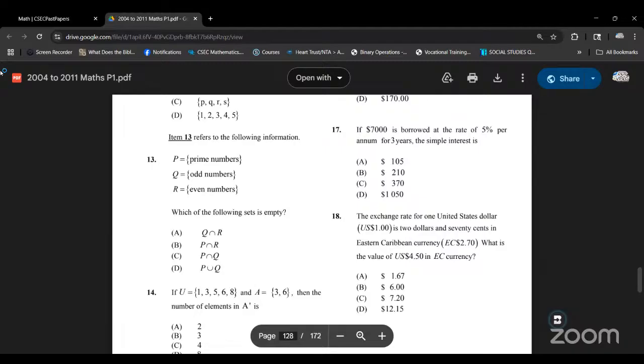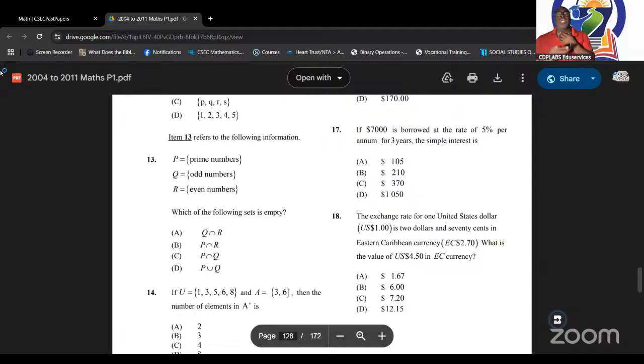Yes sir. Because my prime numbers are 2, 3, 5, 7, 11. Then odd numbers are 1, 3, 5, 7, 9, 11. So I know P and Q have something in common. Good. We write down the even numbers: 2, 4, 6, 8, 10. So I realize Q and R don't have anything in common. That's why I say answer A.